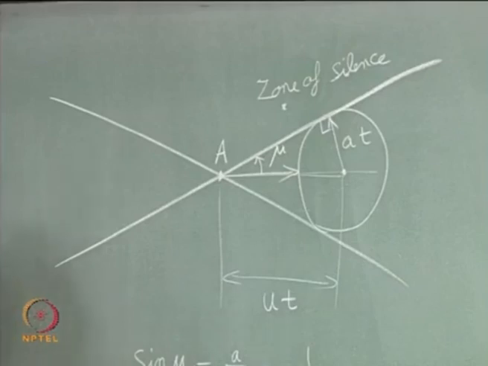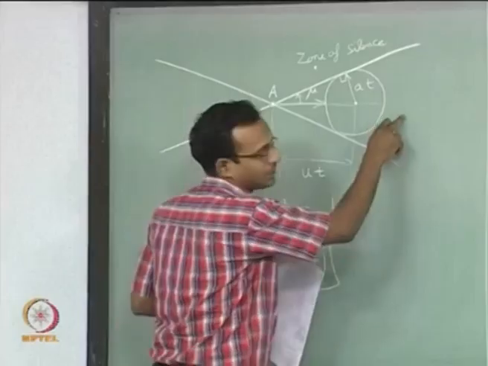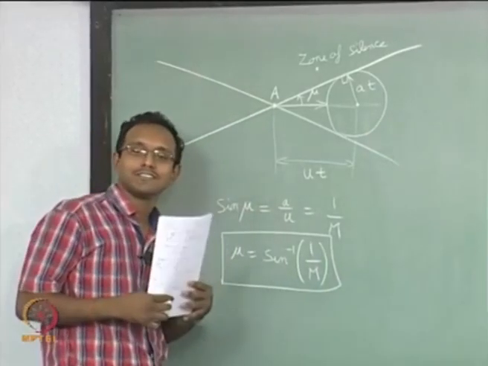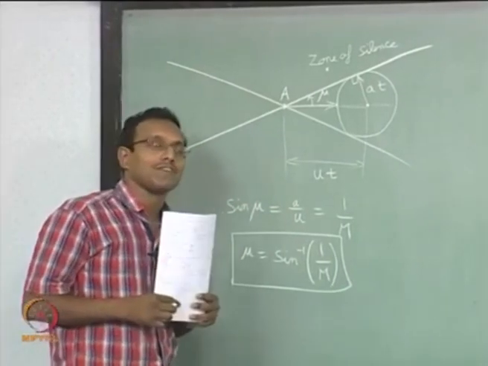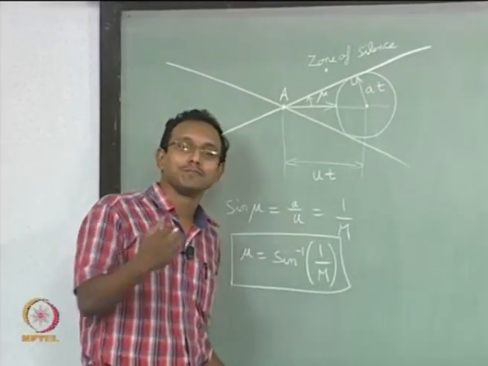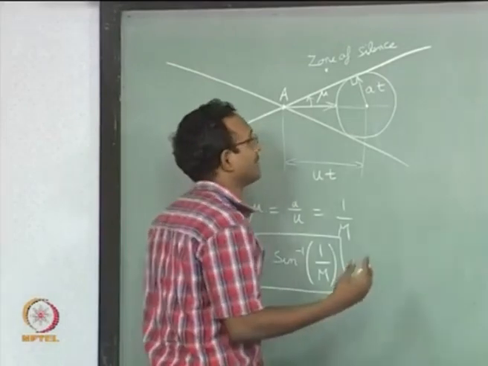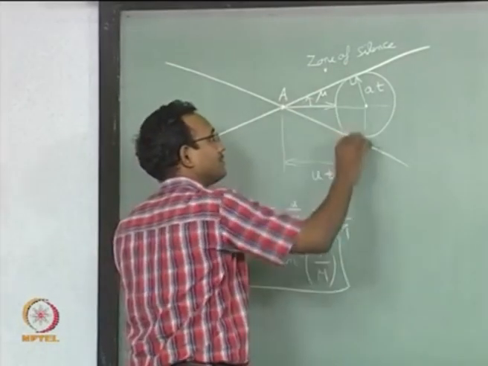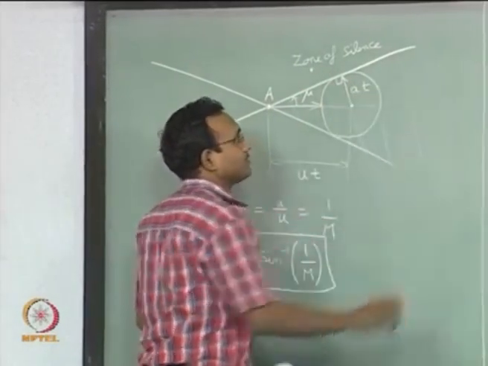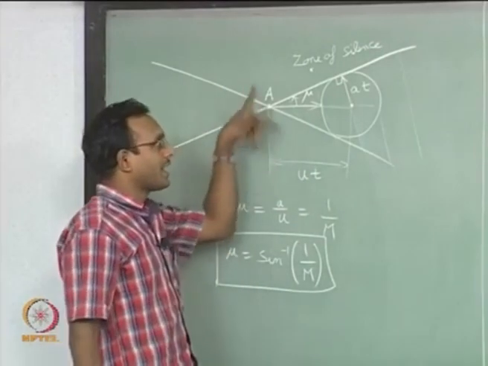Zone of silence, while this region, what is this region called? Zone of action, zone of influence, depending on which book you take, it is given some set of names, but this region is the region where this point can have an influence.